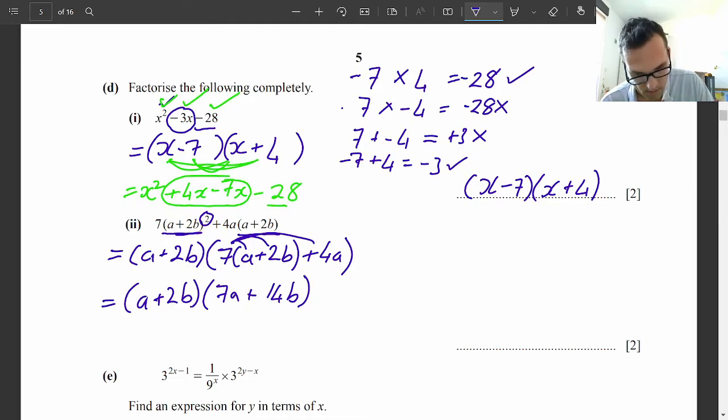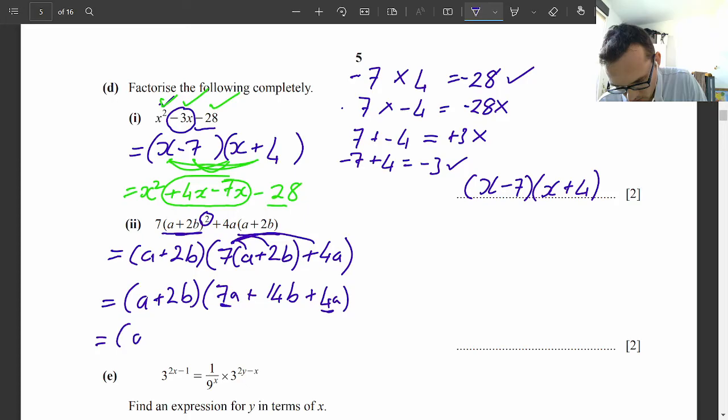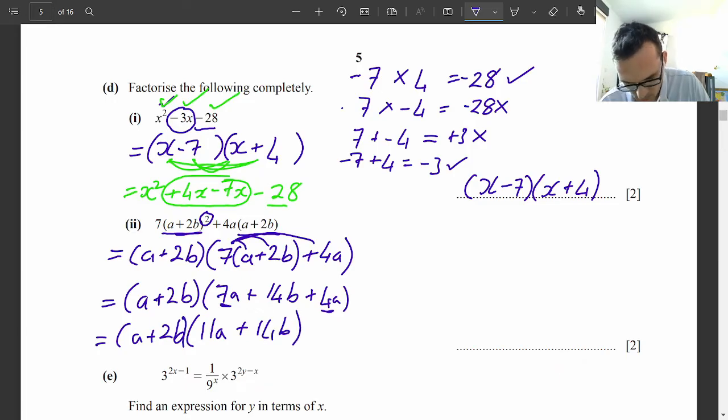But don't throw it away either. So it's still there, plus 4a, because now we can add these two terms together. 7a plus 4a is 11a plus 14b. And just write the answer nicely on the line.